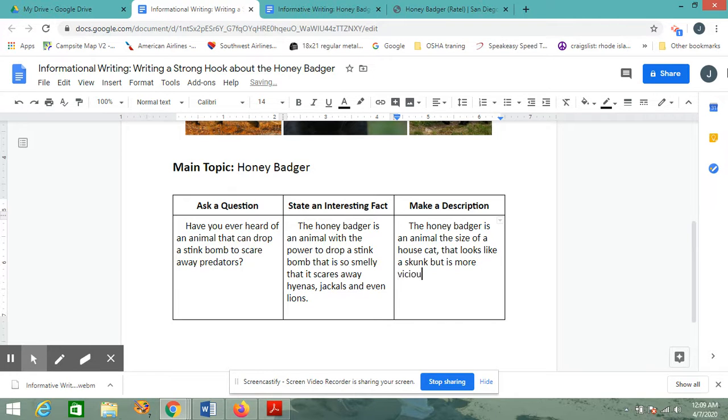If you remember, they love to fight. The honey badger is an animal the size of a house cat that looks like a skunk, but is more vicious. Actually, I don't know if I want that.